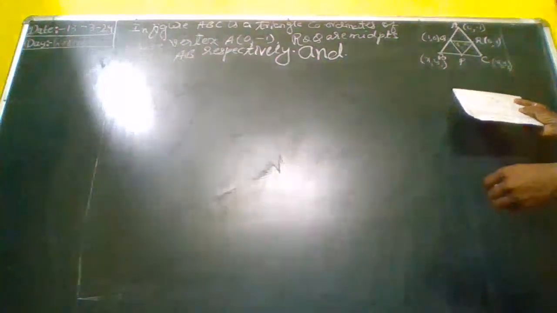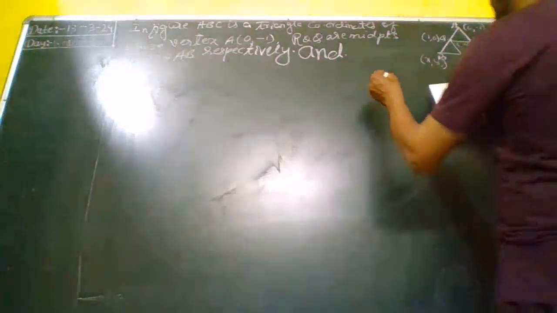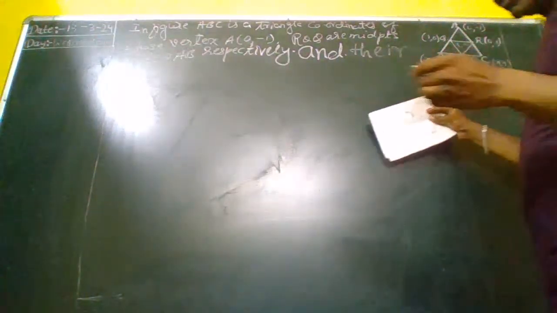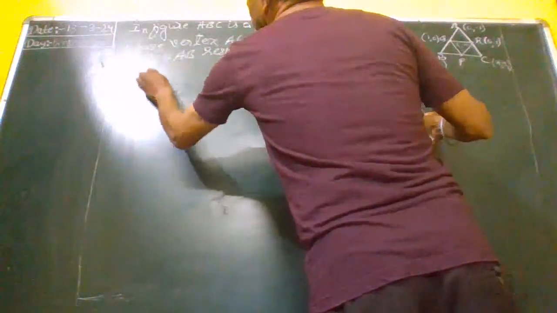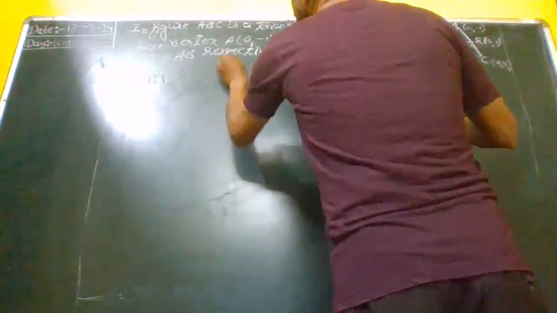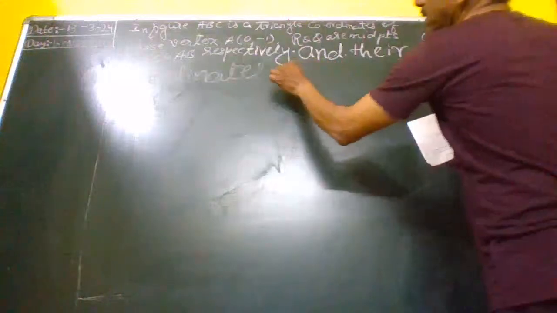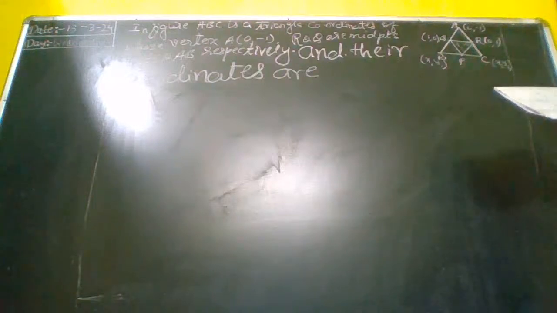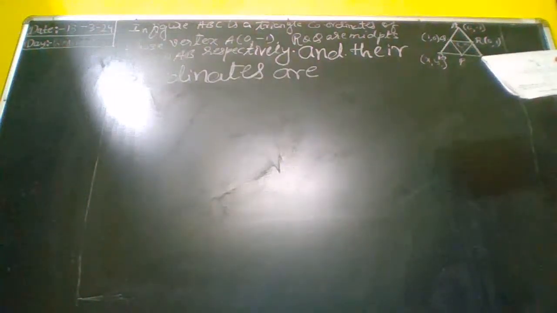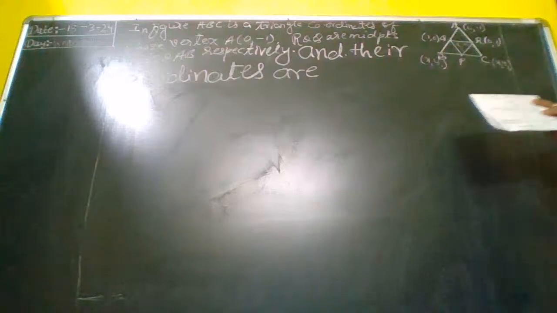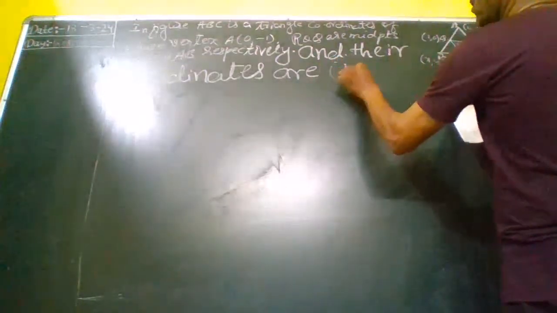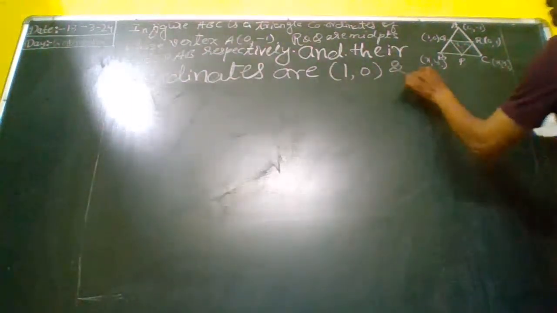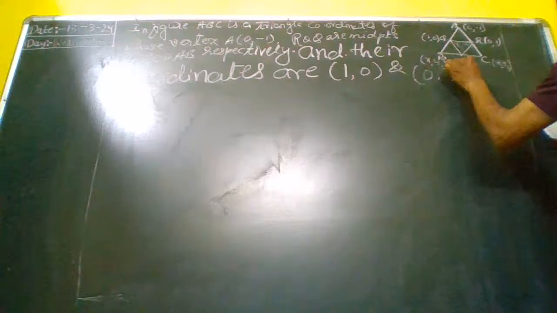Respectively. And their coordinates are, so from tomorrow I am going to change this pattern of writing. Okay. Oh my god. And their coordinates are, I can see the handwriting. Coordinates are (1, 0) and (0, 1).